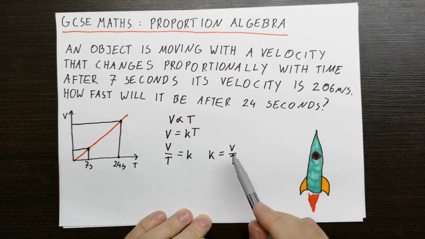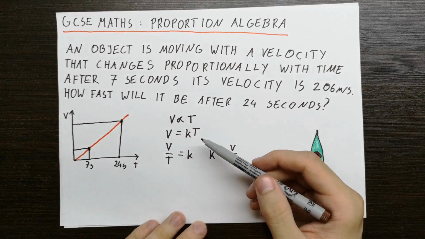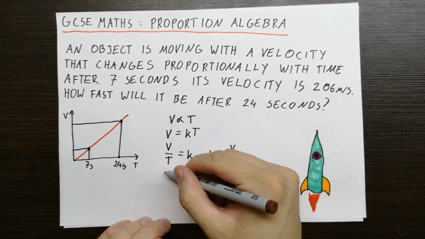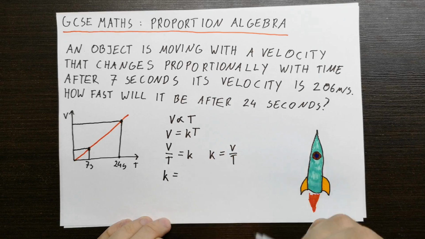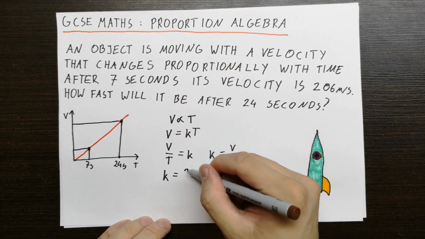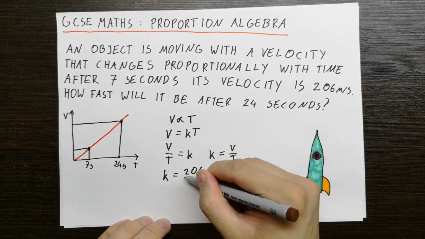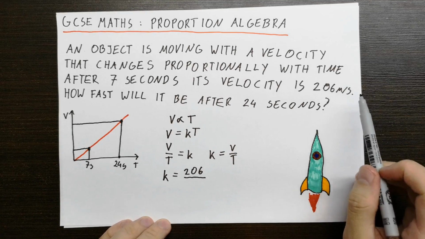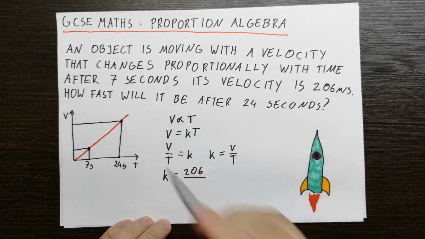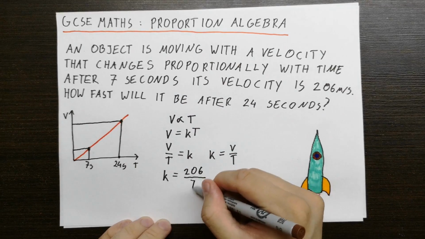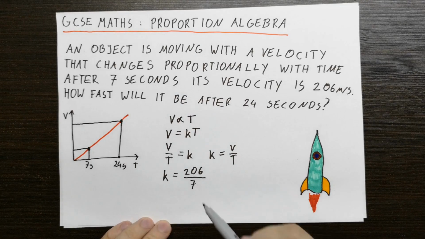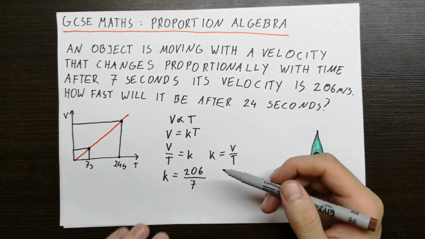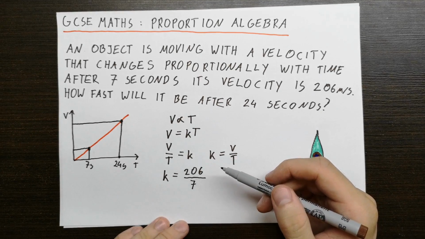Now we are just going to plug in the values here. Nice and simple. So k is equal to 206 divided by, because that's in meters per second, we're dividing it by 7 seconds. So 206 divided by 7. And that will give us the constant.